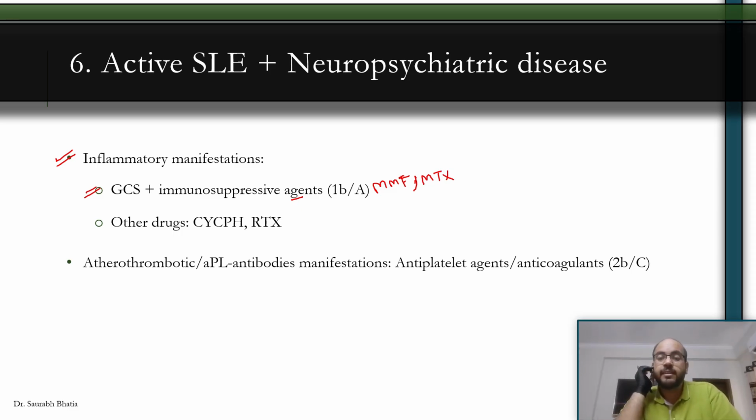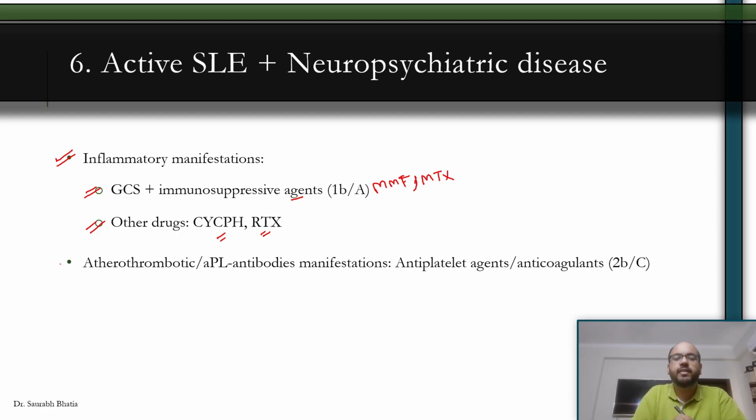But azathioprine is very slow acting, it takes about 6 to 8 weeks. So keep that in mind. In case of neuropsychiatric disease, you need to control inflammatory activity as soon as possible. So give glucocorticosteroids, which are the fastest acting immunosuppressive agent. Other drugs that can be used are cyclophosphamide and rituximab if you want to control the inflammatory manifestations.